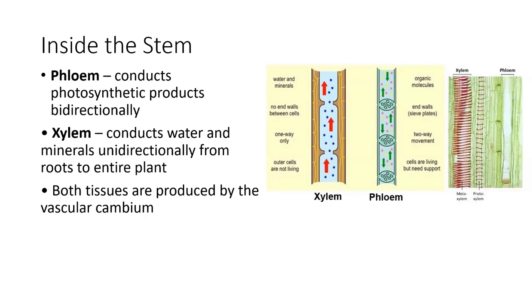And then both tissues are produced by the vascular cambium. And again, that's found inside the plants. This might be a fun lab for you guys to do if you have access to it, taking a look at leaves and stems underneath the microscope. And you can define those vascular bundles and the vascular cambium layer of a plant.